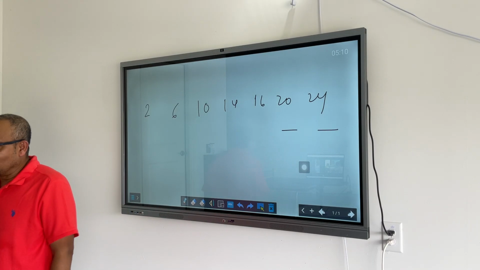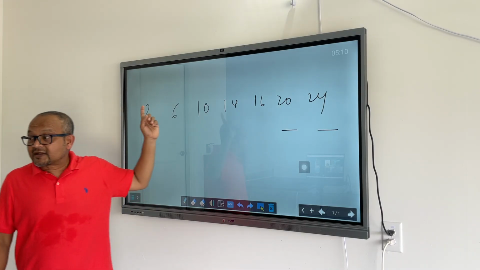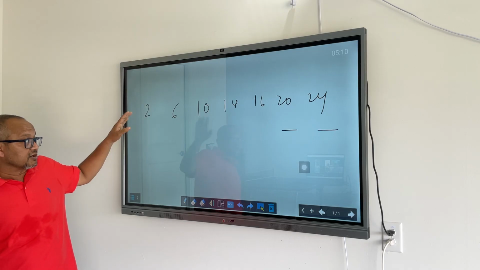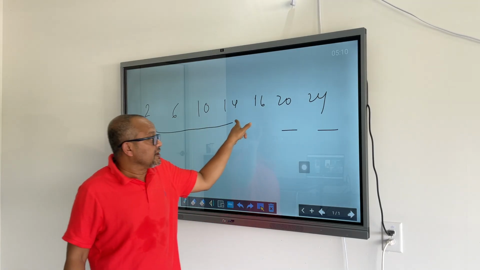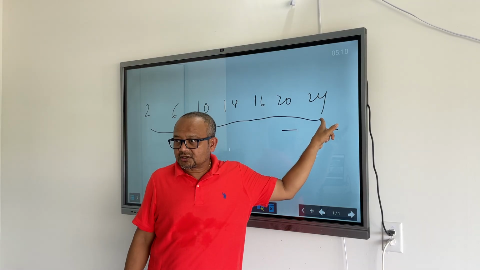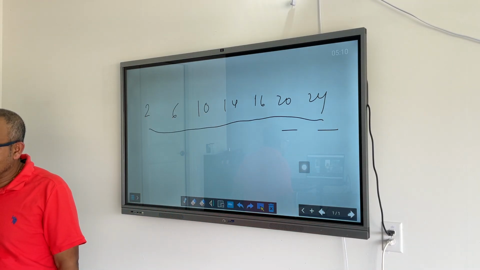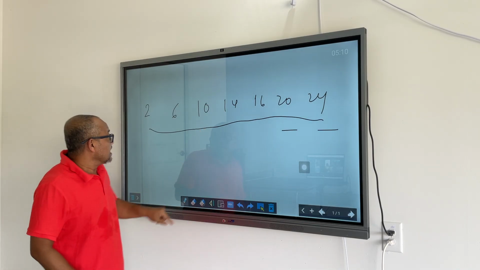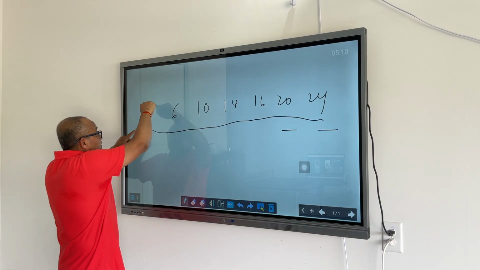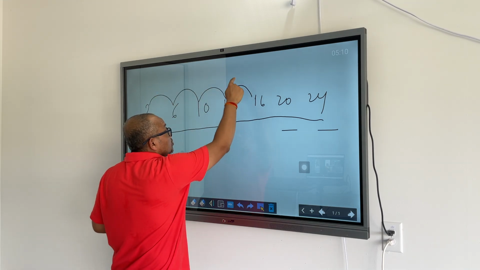So the first rule of thumb is, any pattern you see has to be the same throughout. Otherwise, it is a deception. This is not a pattern, because 14 and 16 is... Exactly. So the first thing you will check is, between these two, 4, 4, 4, 2.